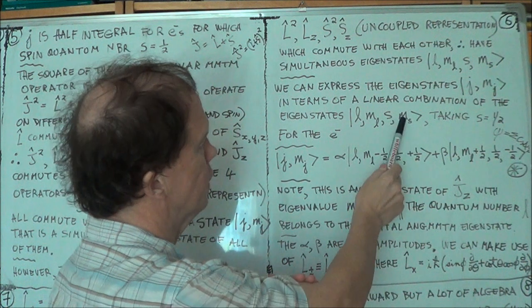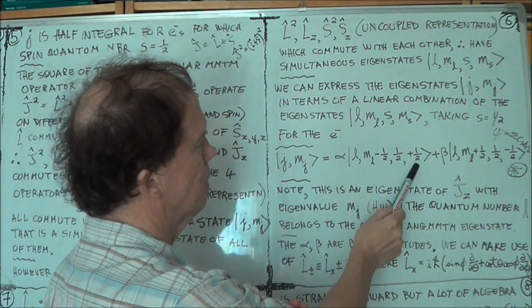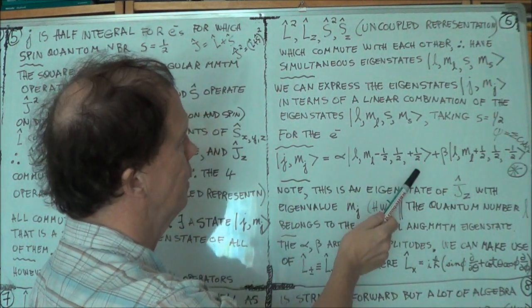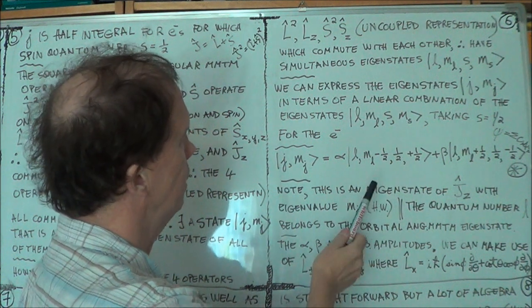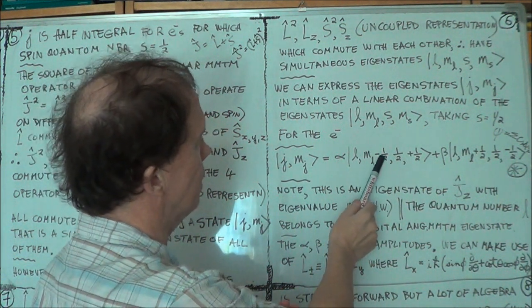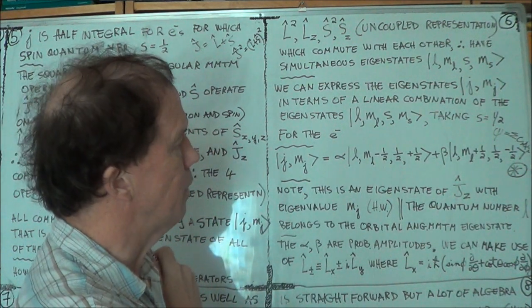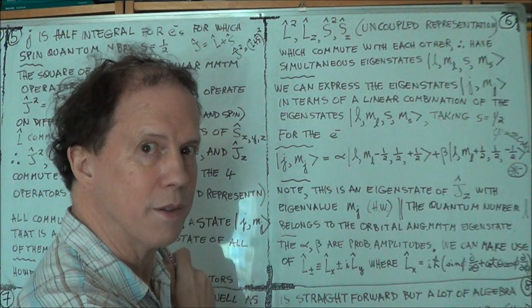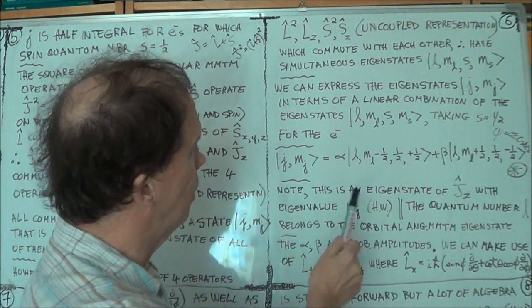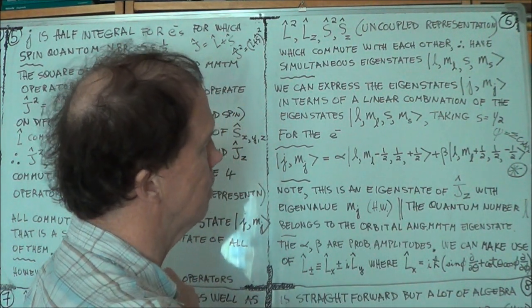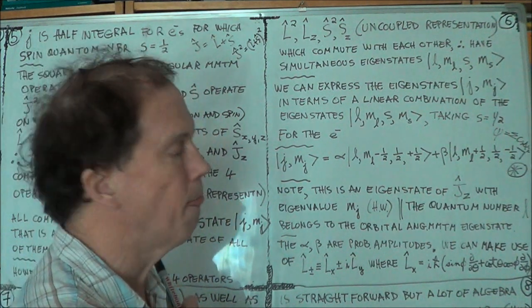It seemed to me if the spin is up, plus a half, why this minus here? That puzzled me. So leave that as an exercise to think about yourself. Why is this the case? I'm still puzzling on that one.